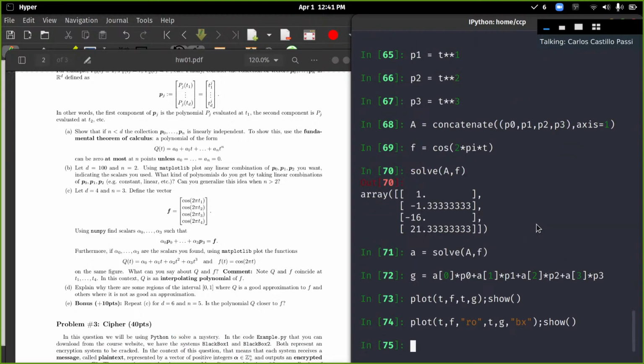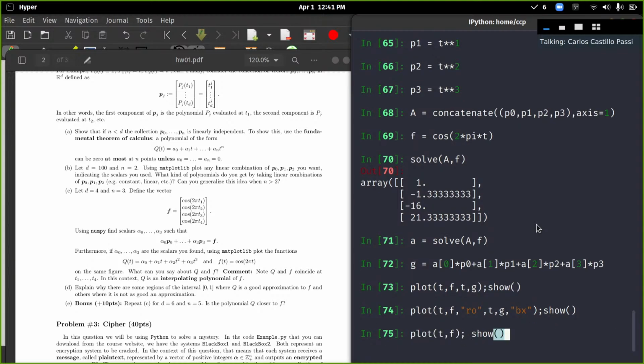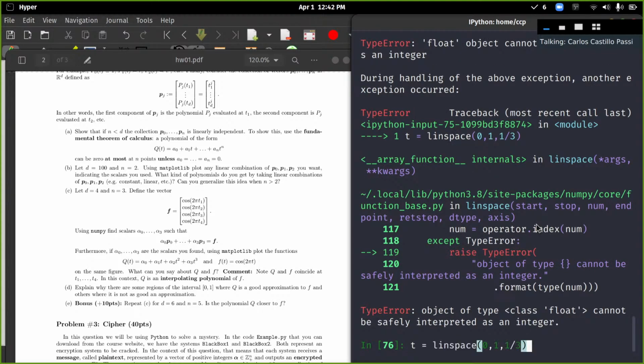To do that, let me show you. I'll write it again. If I just use linspace here, from 0 to something, like that. Sorry, what was there?